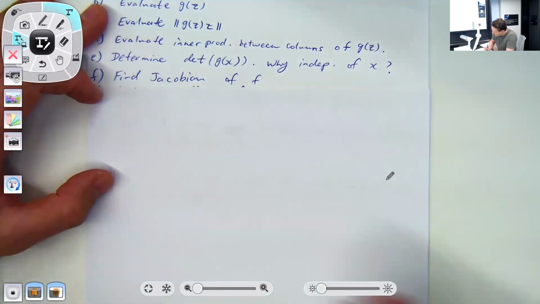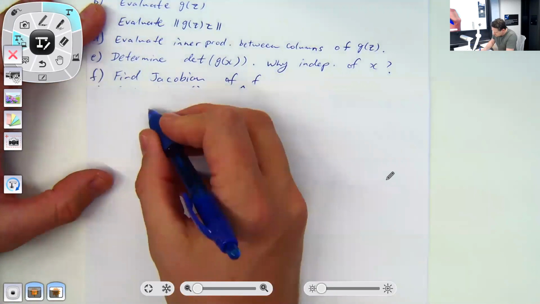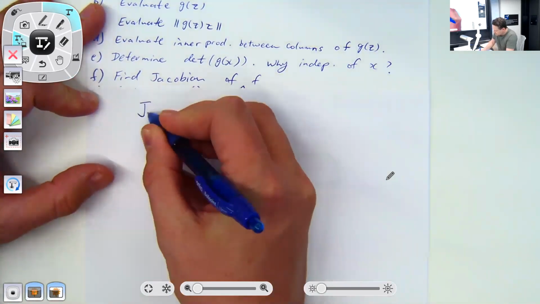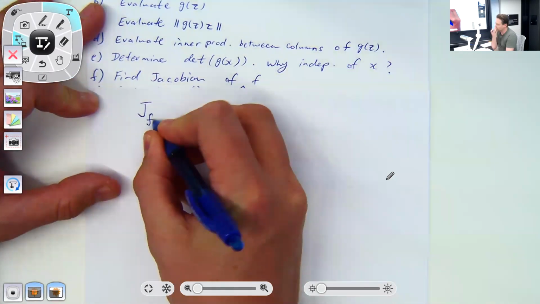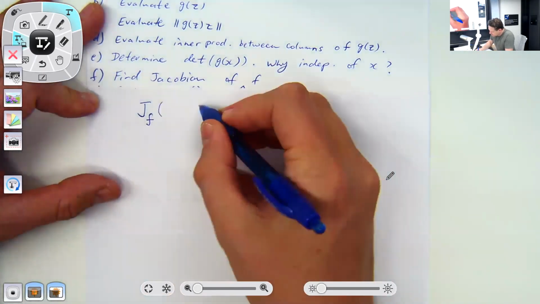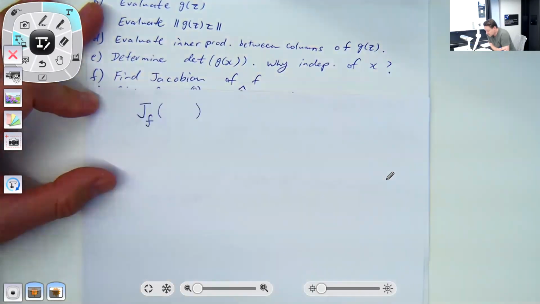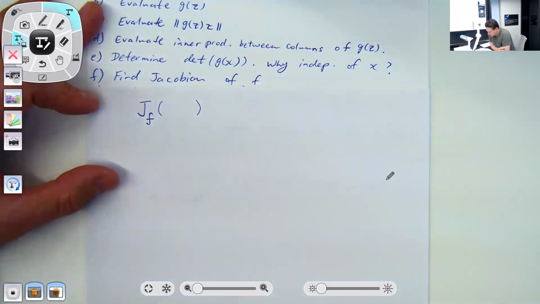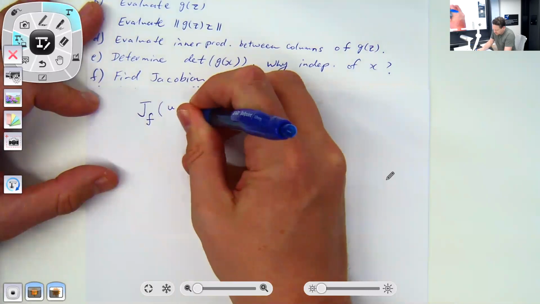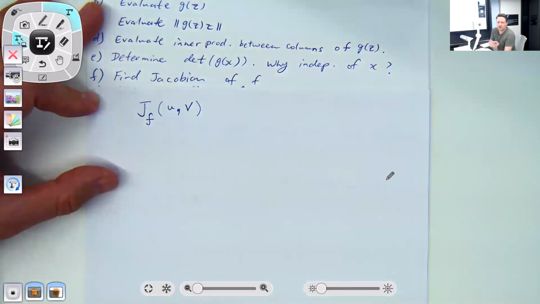The symbol that I like to use for the Jacobian is a J with the function as a subscript, but I'm sure this is not conventional. Then up here I put in what I'm evaluating that at. I'll just keep it as u, v, to keep that clear.